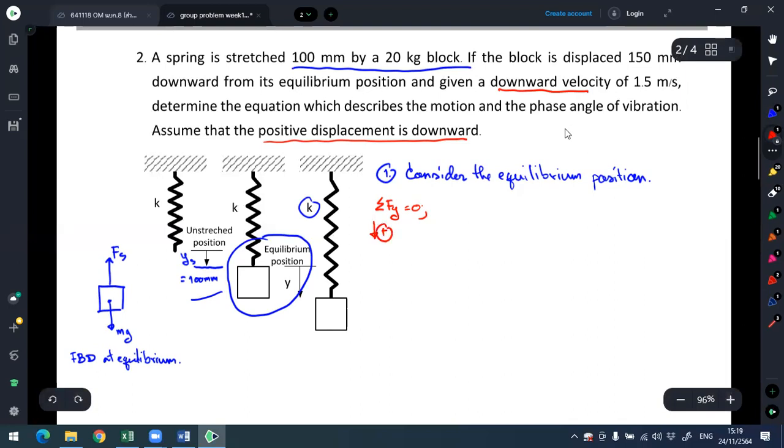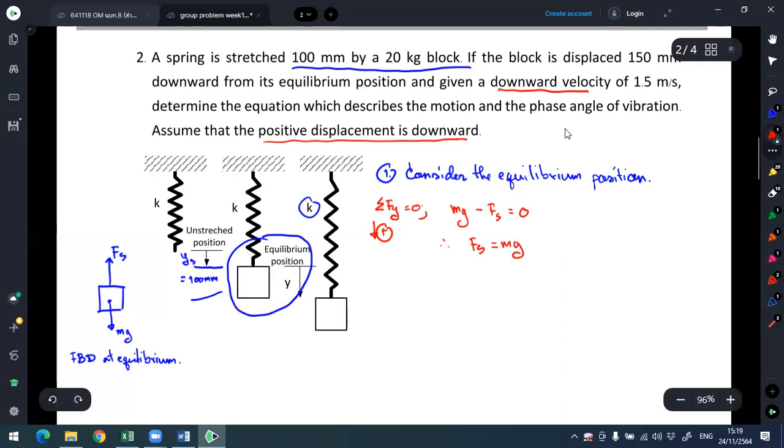So downward is positive, it becomes mg minus fs equal to 0, right? Because it is in equilibrium. According to this, we can find that fs is equal to mg.